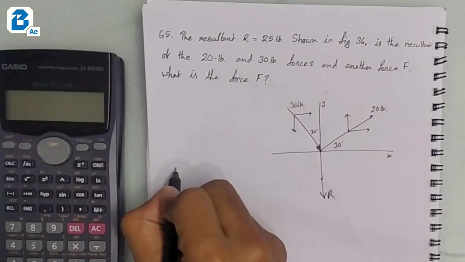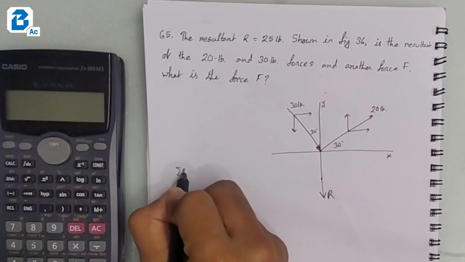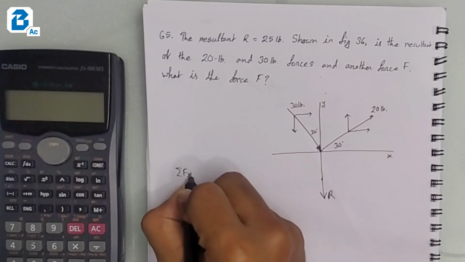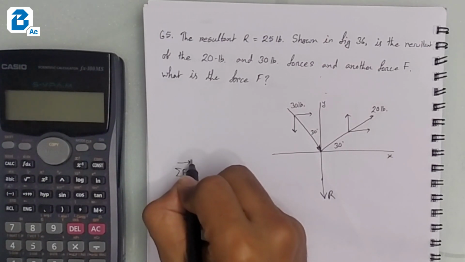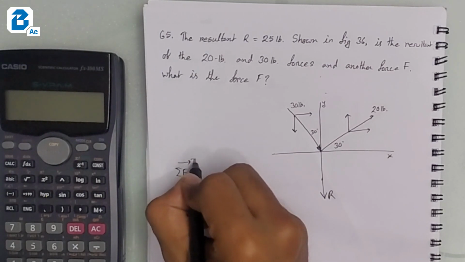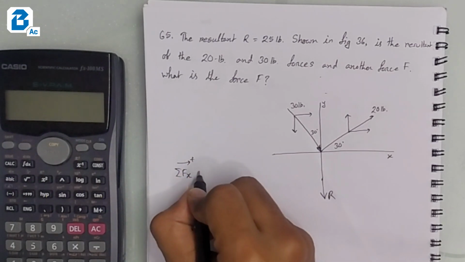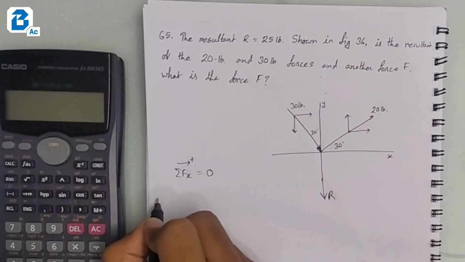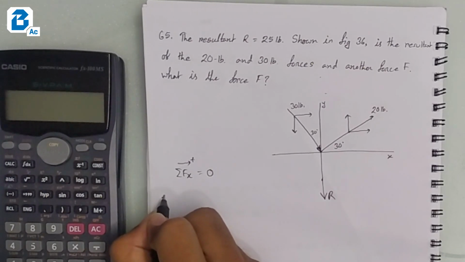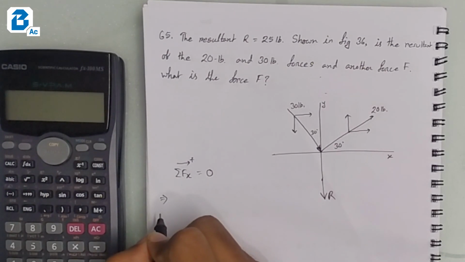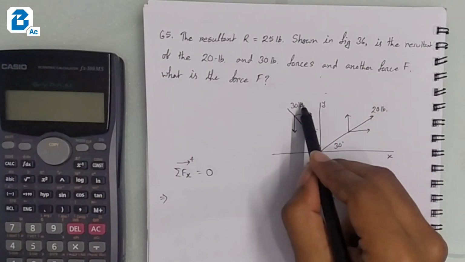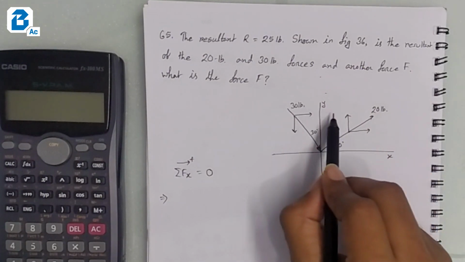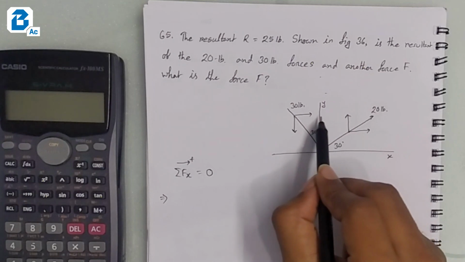Summation of F of x, or the summation of all the horizontal forces, and we are taking the rightward forces as positive, equals 0. Then we will see which way all the forces indicate. For the 30 pound it's directing towards the rightward, so positive.